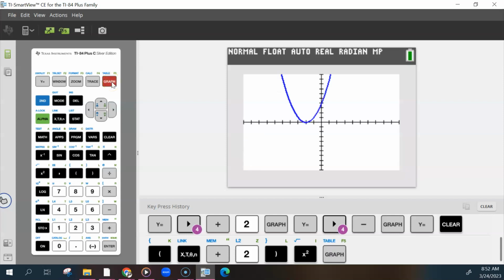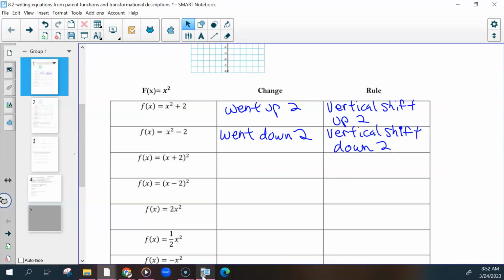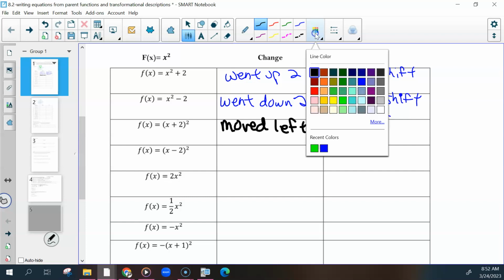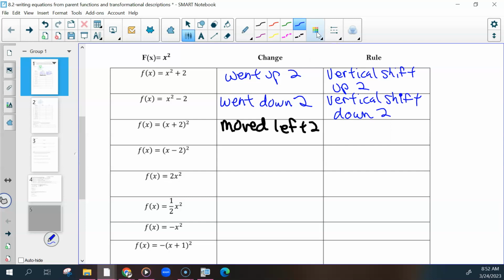Compared to our parent function, what happened? It shifted to the left. So I'm going to say move to the left. That would be a horizontal shift.